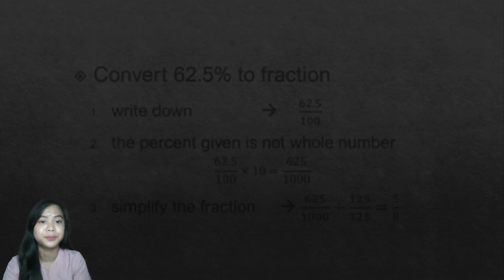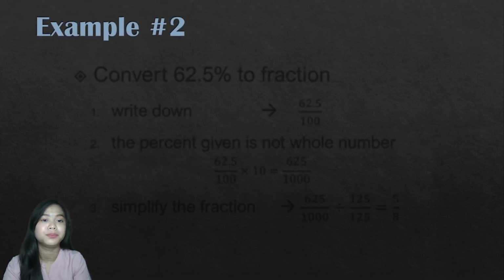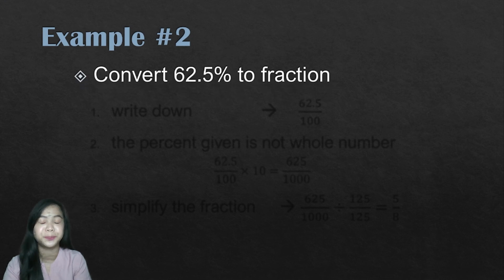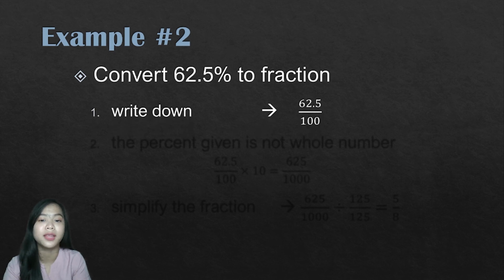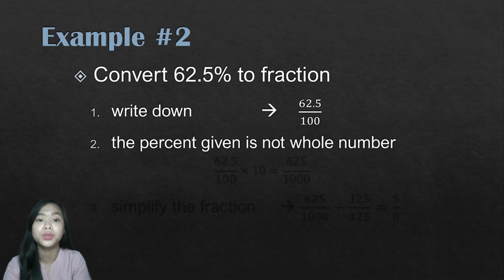Next example, we have to convert 62.5% to fraction. So again, write down the given divided by 100. So we have 62.5 over 100. The percent given is not a whole number because we have 0.5 here.